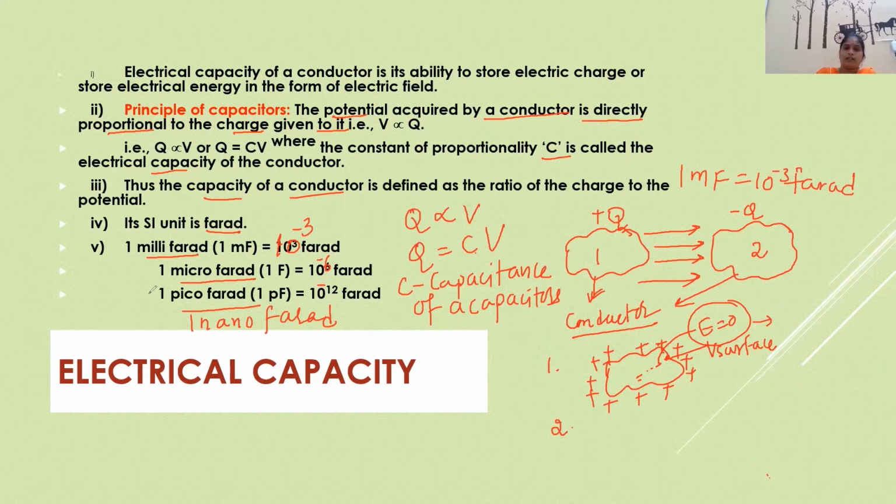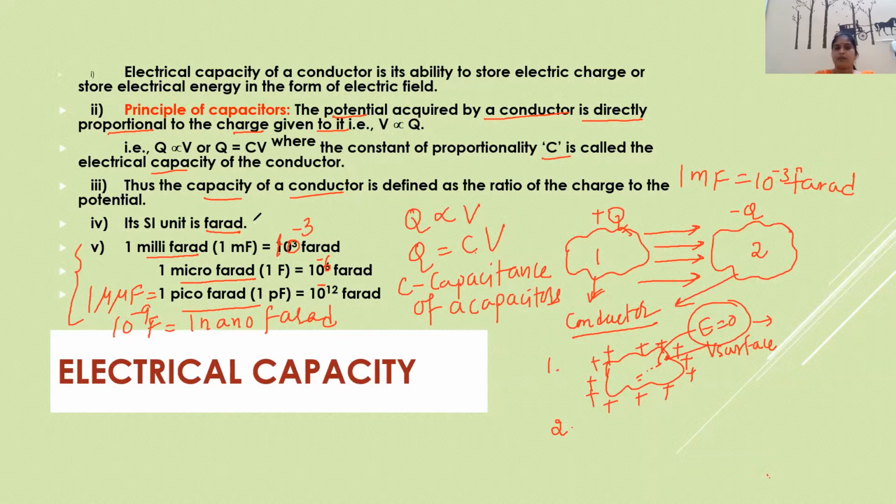Nanofarad is 10 power minus 9 farad. So we have millifarad, microfarad, picofarad and nanofarad. These are all SI unit based multiples and submultiples, and these are all practical units of capacitance.